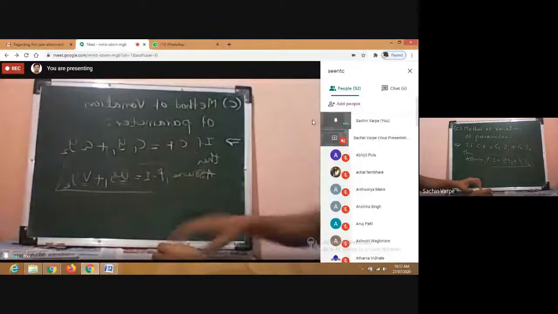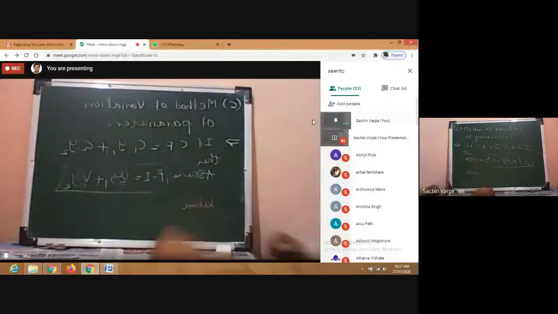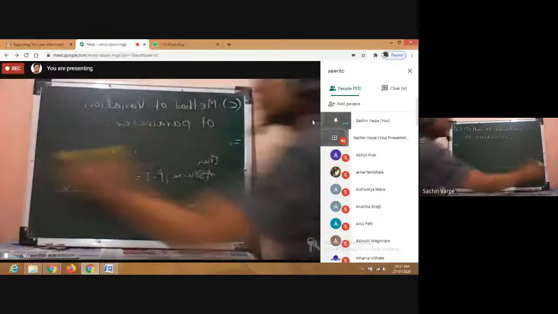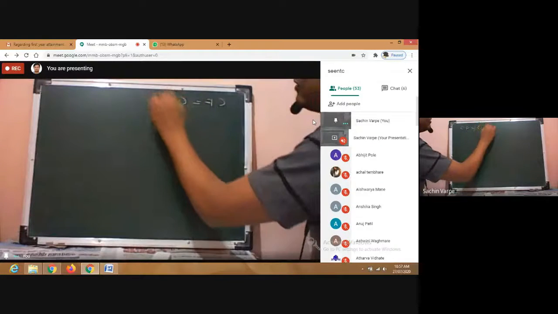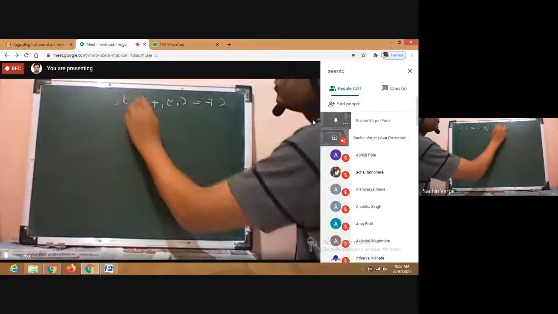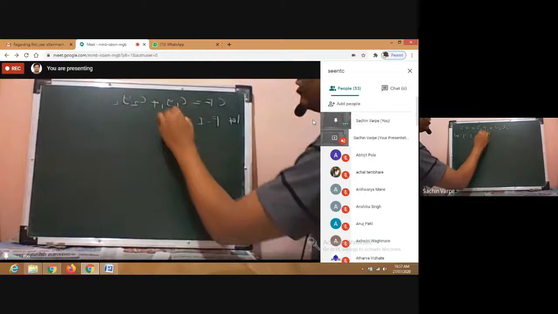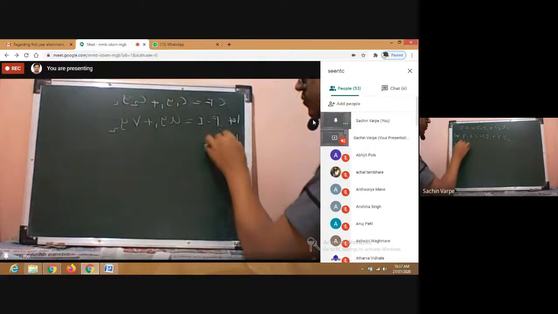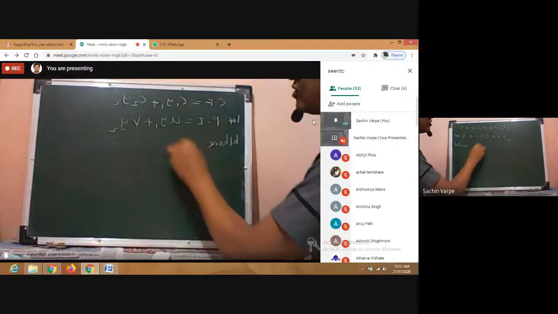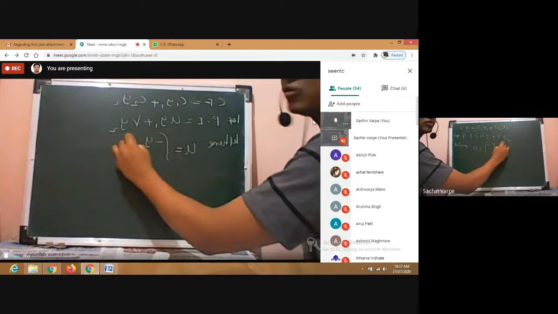So the values of u and v are as follows. Let me write the complete thing. We'll start with the CF. CF is C1 y1 plus C2 y2. So let PI equal u y1 plus v y2, where the formula of u is the integration of minus y2 into the right hand side function.